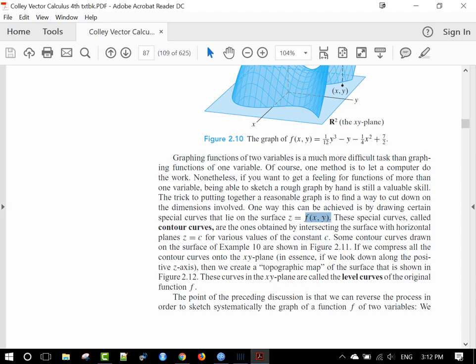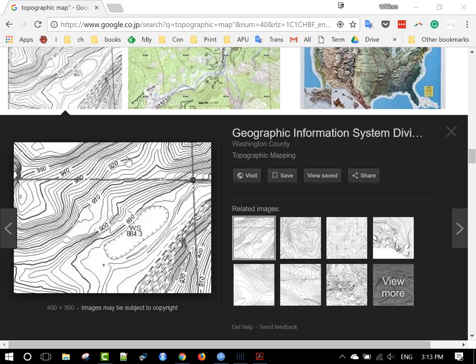And they say this can help us to graph the function z, just like when we look at this topographic map, we can guess that there's kind of a hill here. In the same way, we can use these level curves that we're talking about to help us graph our surfaces.